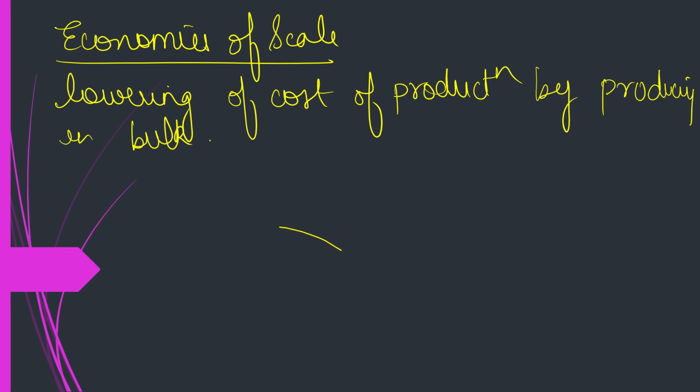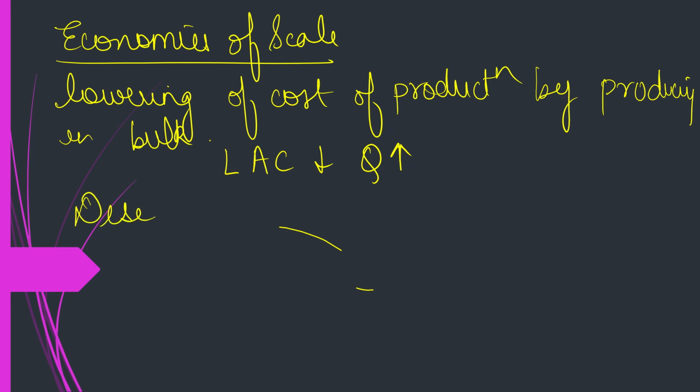It is also understood as the efficiencies associated with a larger scale of operations, and due to large scale of production and efficiencies developed, it enables long run average cost of production to decline with increase in quantity produced.